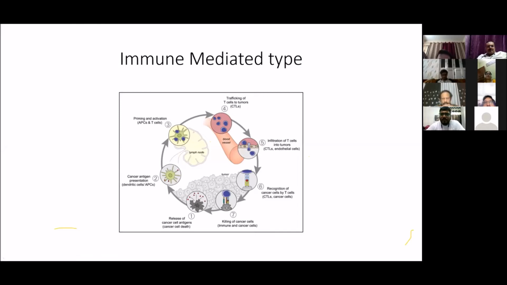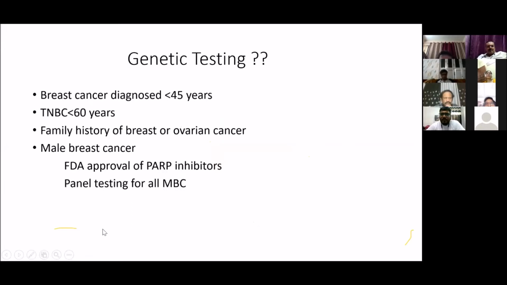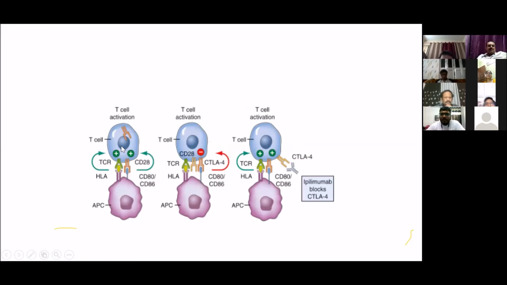So when the antigen presenting cell presents the antigen to the T cell, this is the antigen presenting cell and this is the T cell. It attaches to it. So this CD80 and CD28 interaction is supposed to take place for adequate exposure of the T cell to the antigen presenting cell.